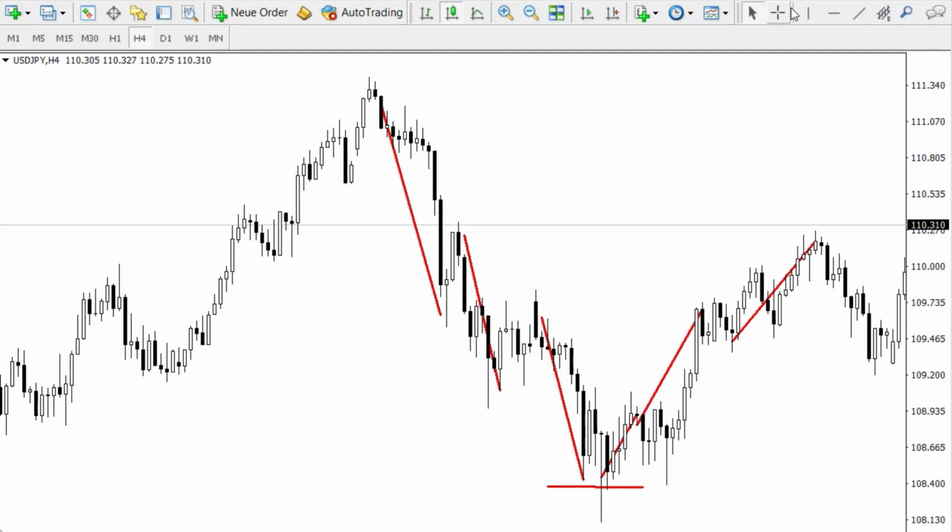Any chart can really be explained with swing highs and lows. It might sound a little basic at the beginning, but you will see that this is one of the most important principles when we get into trade timing and how we find the best trades, because it gives us a lot of information at one glance. So here again, I'm marking the swing highs and lows first, and on the left-hand side we were starting with this downtrend.